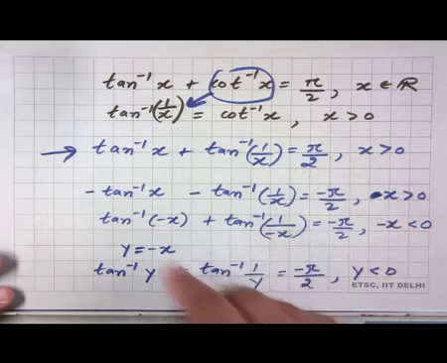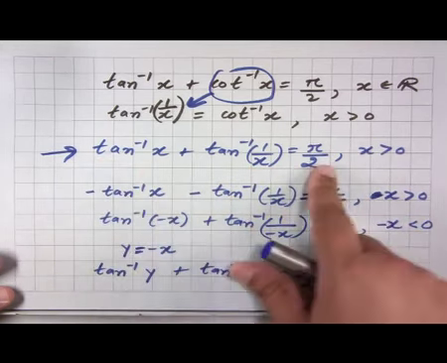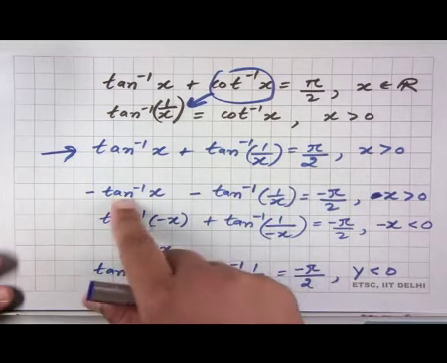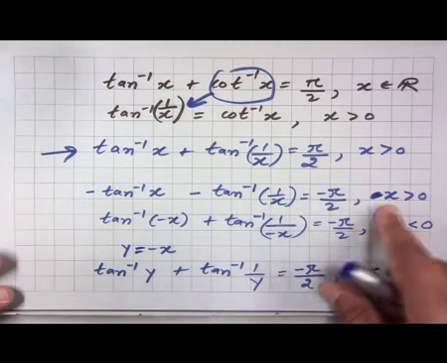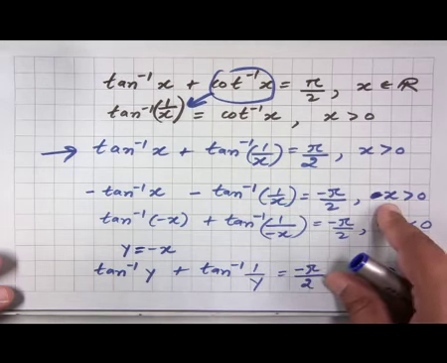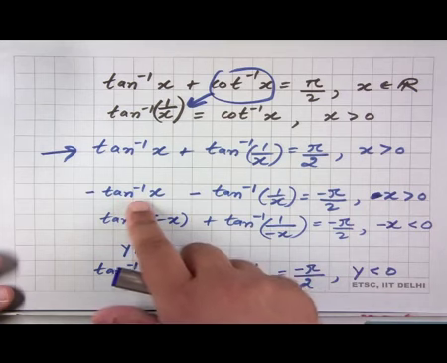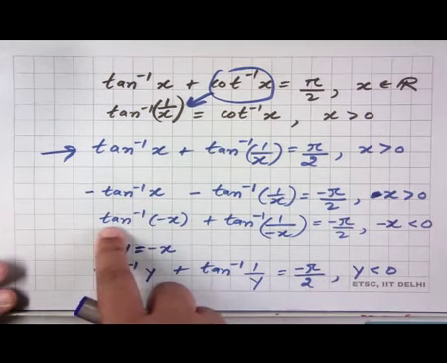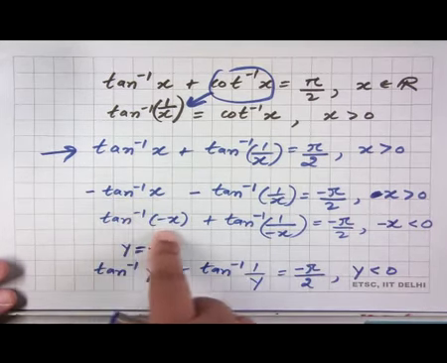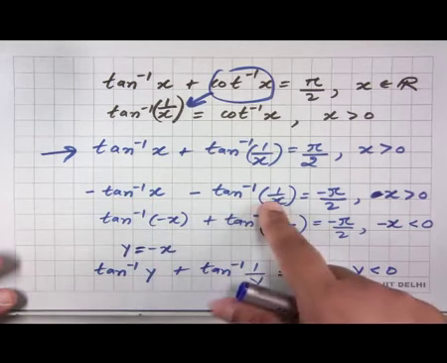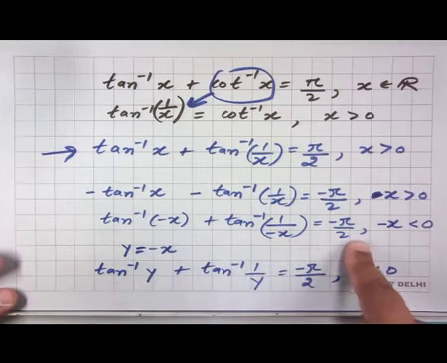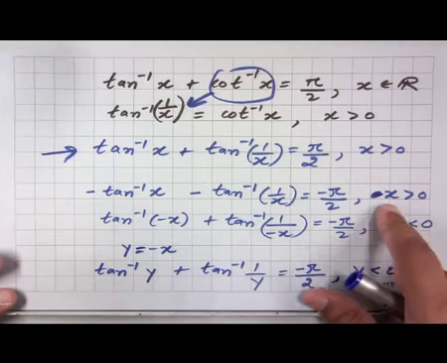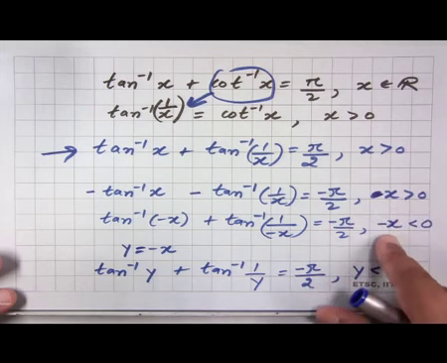Then if we multiply this whole thing by a minus sign, we get minus tan inverse x minus tan inverse 1 over x is minus pi by 2 for all x greater than 0. Since the tan inverse function is an odd function, we can write minus of tan inverse x as tan inverse of minus x, and the same for this term here. The condition x greater than 0 can also be written as minus x less than 0.